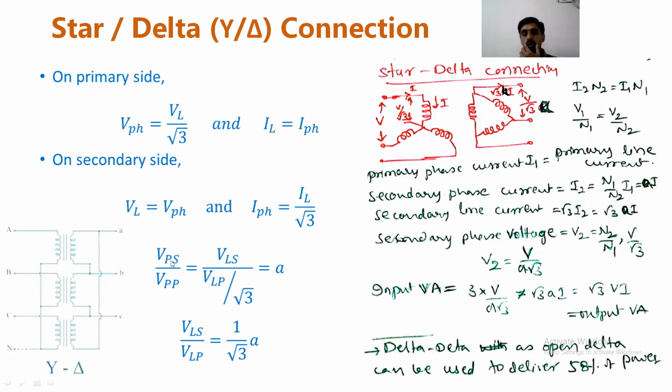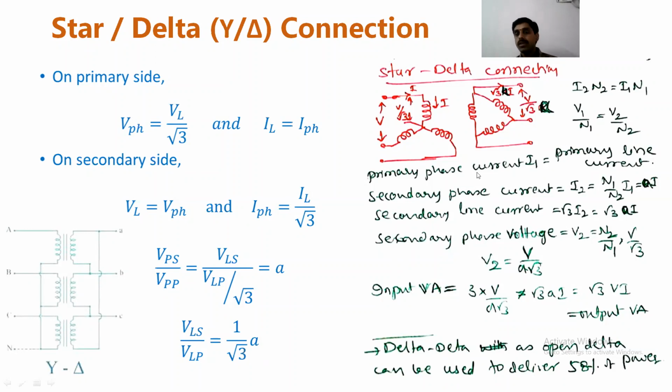Taking the ratio of primary voltage to secondary voltage, it is A like this. VLS by VLP by root 3, so secondary line voltage by primary line voltage equals 1/√3 times A. So this is the difference when compared to star-star or delta-delta transformers.